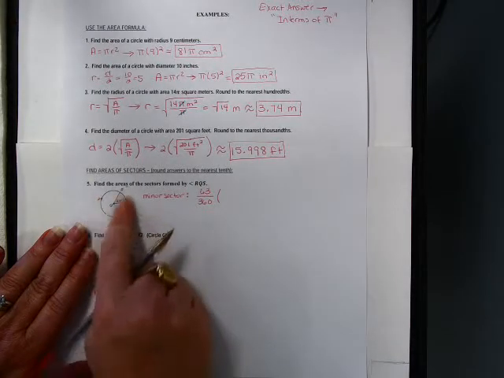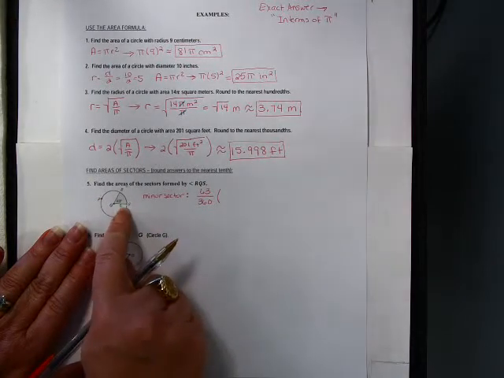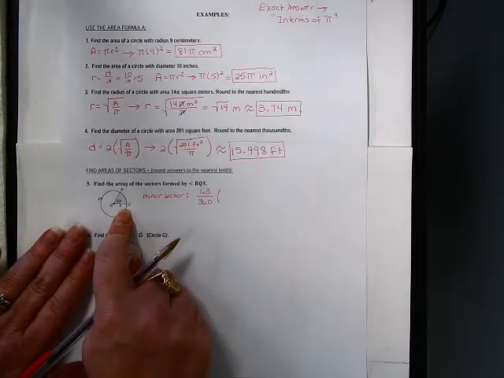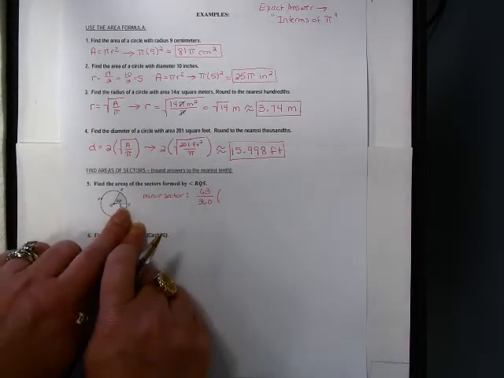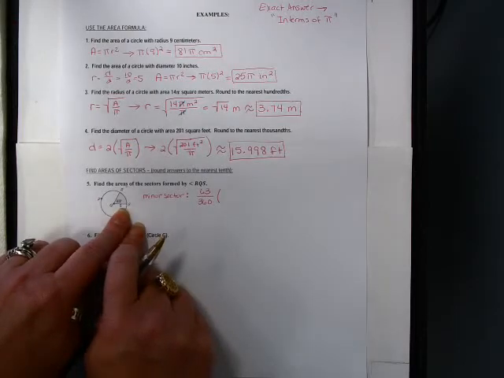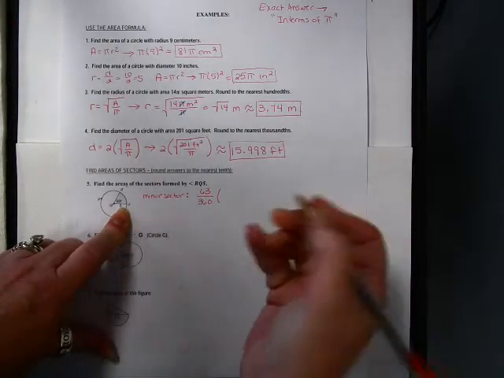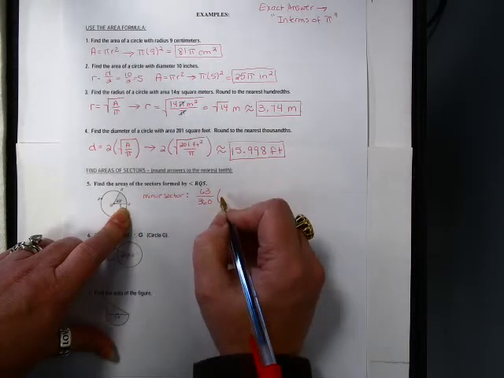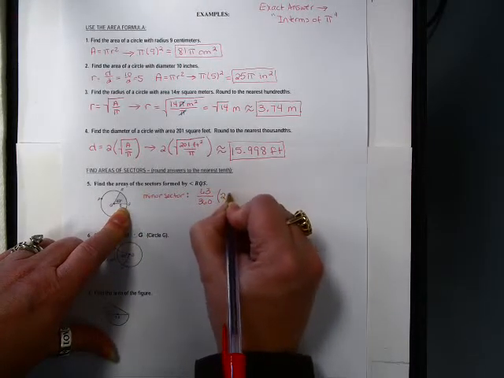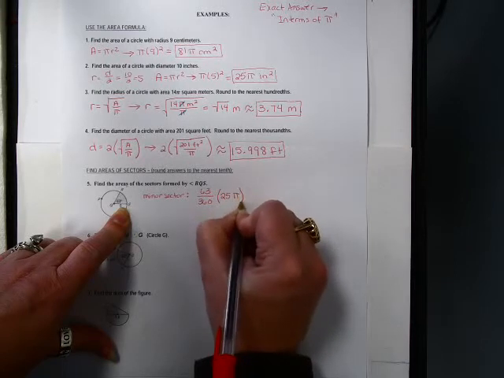Now the area I don't have yet, but I know that my radius is 5, and I don't have a label, so that means that I'm going to use the word units. Okay, so pi r squared, so that's going to be 5 times 5 is 25, so that's going to be 25 pi.